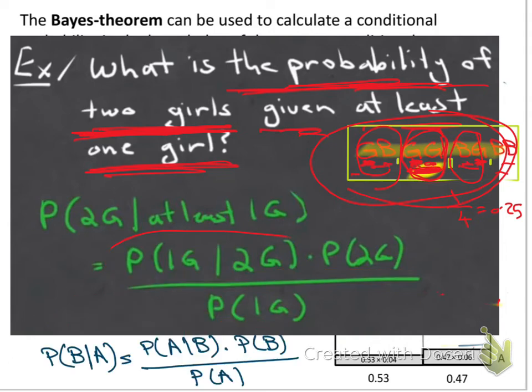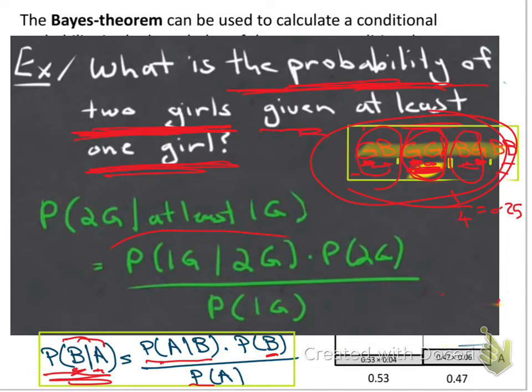To be frank with you, I always prefer to use this formula rather than the one in the slides of the university, because this one is very simple and easy to memorize. It is very easy to know that the probability of B given A, I can just swap them, A and B, make it probability of A given B, times the probability of the first one, divided by the probability of the second one, and that's it.